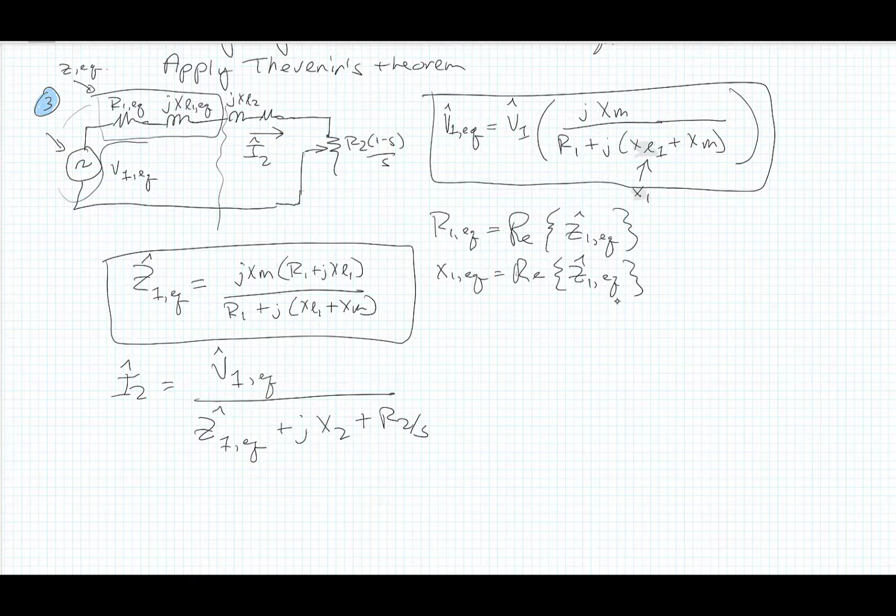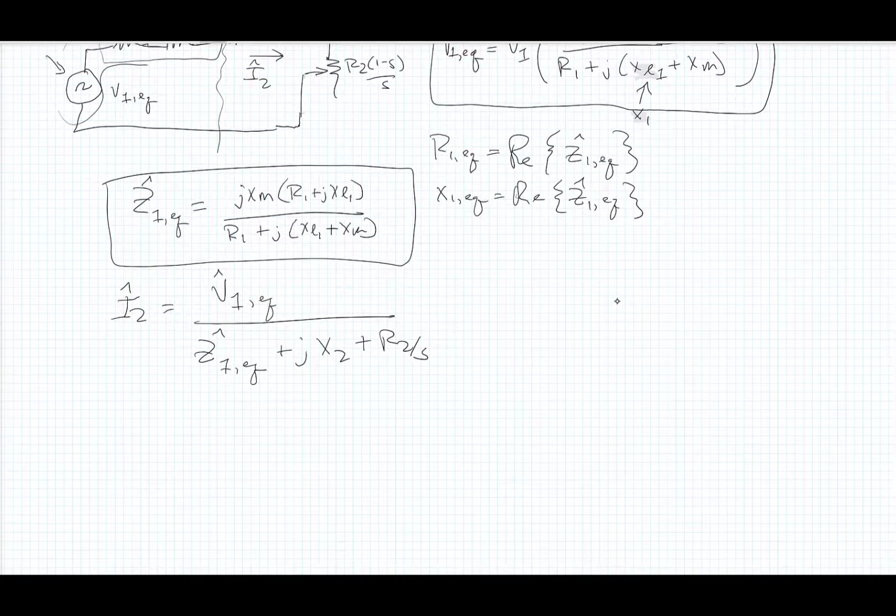Okay, so from this, finally, and we'll go into the details more next lecture, we can find a single torque expression really in terms of the terminal properties.